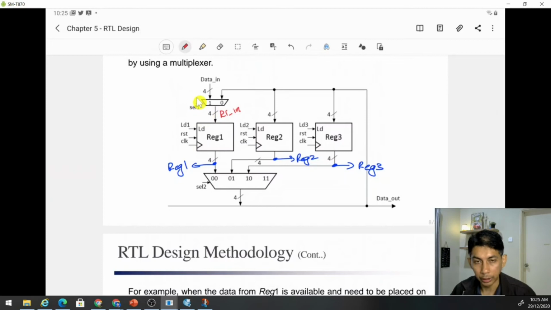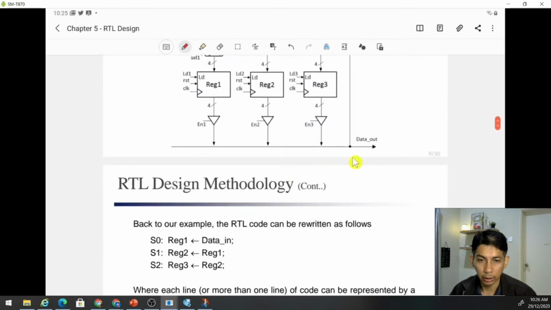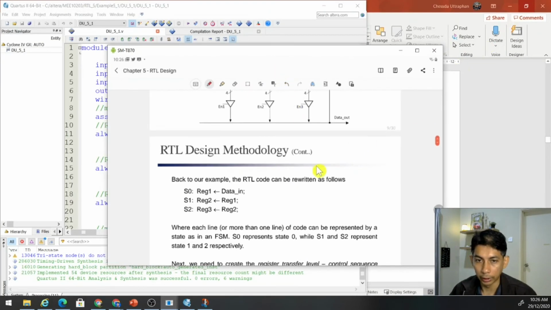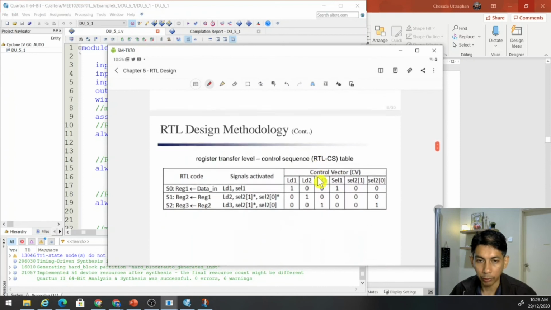For example, at S0, it will move the data from here to here based on the signal activated here. S1, it will move the data from here to here. S2, it will move the data from here to here.